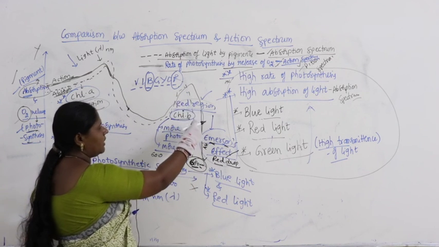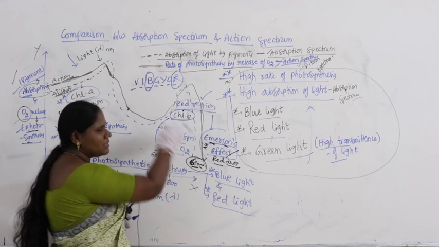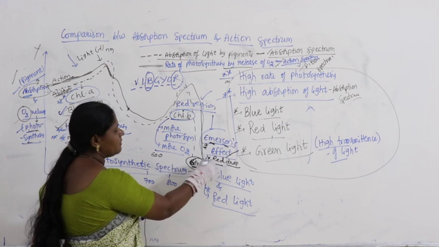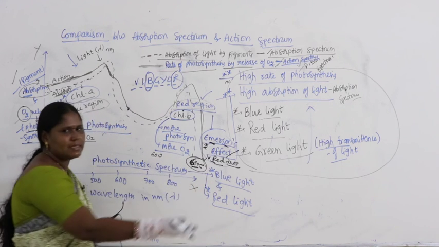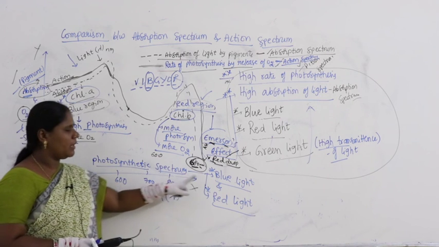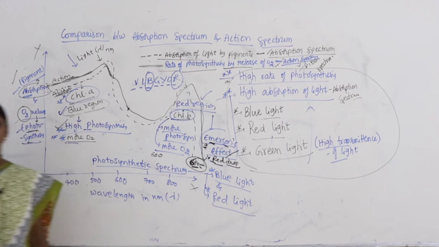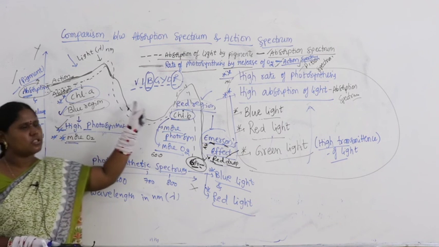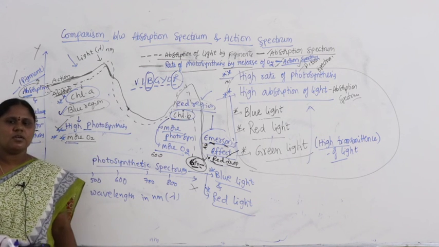Because after 680 nanometers the rate of photosynthesis falls down, drops down, that is why it is called red drop, and this is explained by the Emerson effect, which we will discuss in the next class. So for the photosynthetic spectrum, mainly blue light and red light matter. This is the comparison of action spectrum and absorption spectrum.